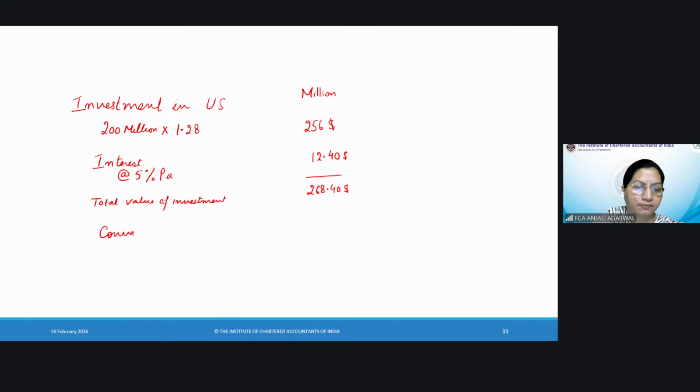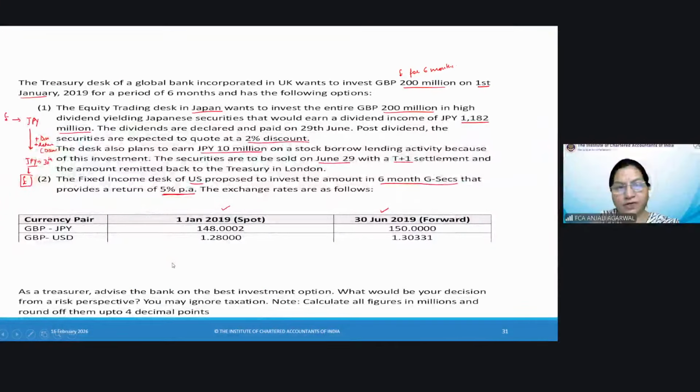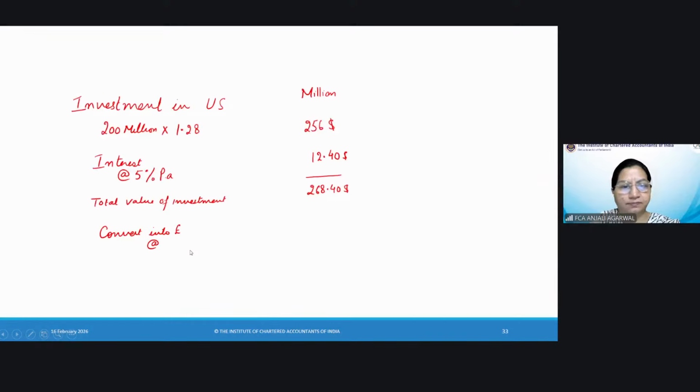Convert it into pounds. At the rate of exchange rate is 1.30331. $256 into 2.5%. 6.4, sorry.